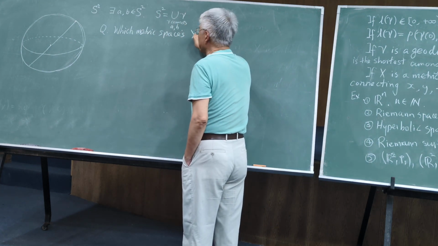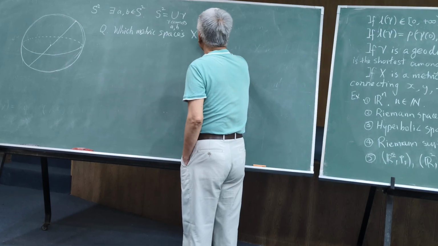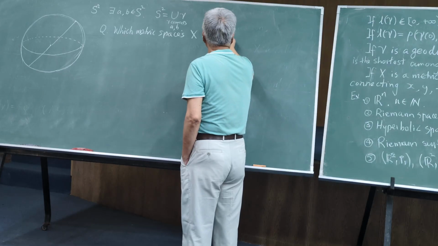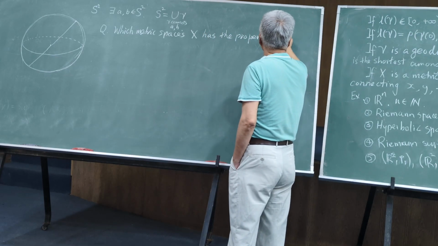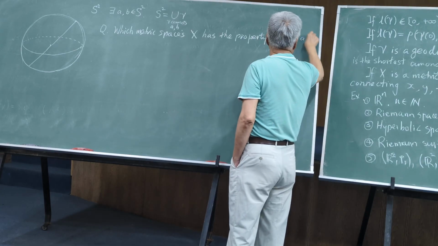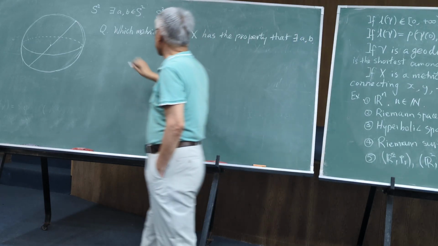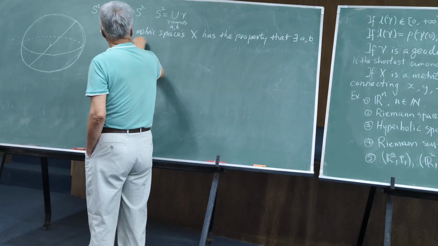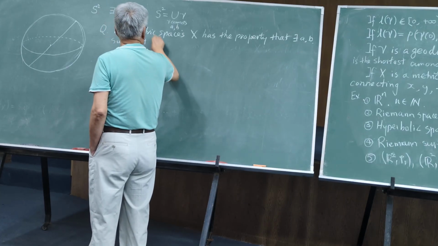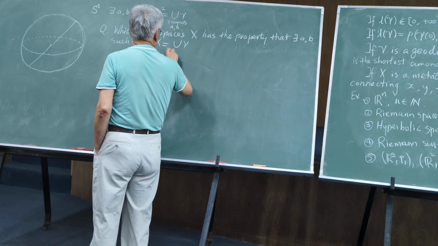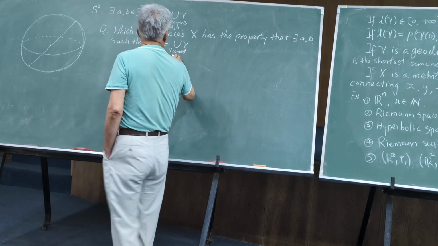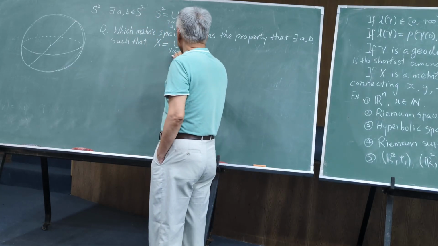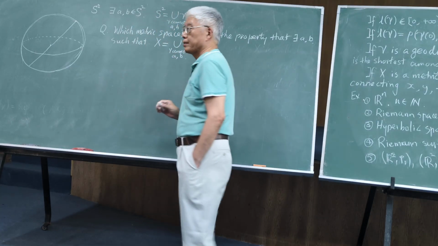Characterize all metric spaces such that there exist a and b such that X is equal to the union of gamma, where gamma is a geodesic connecting a and b.